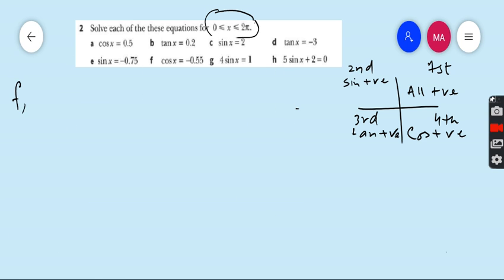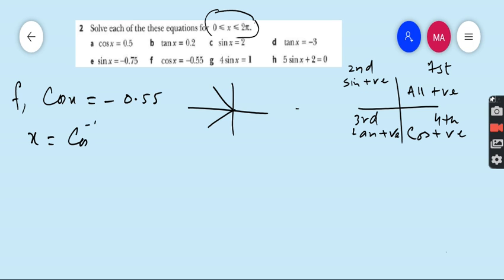Part F is cos x is equal to minus 0.55, and you know cos is negative in second and third quadrant. So cos inverse minus 0.55 is 2.15.